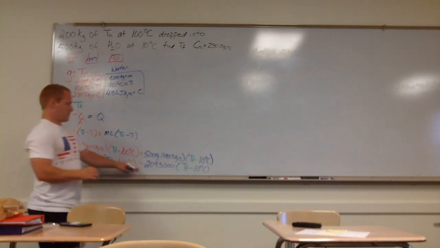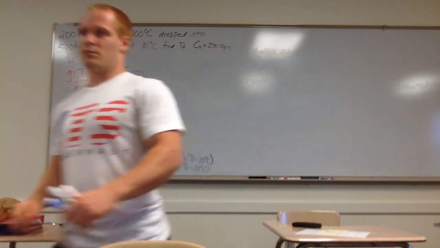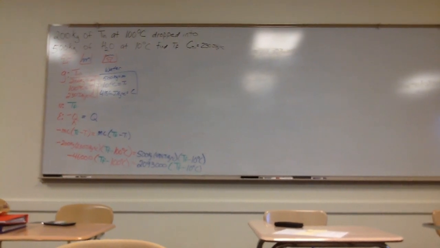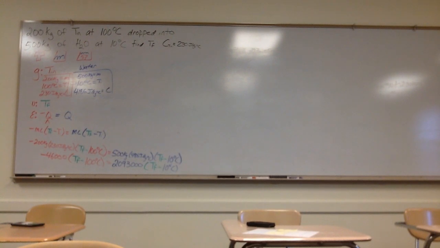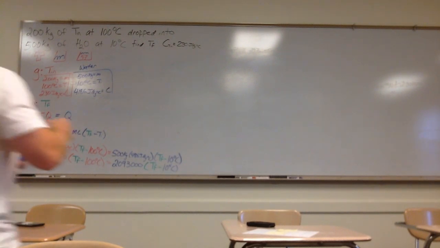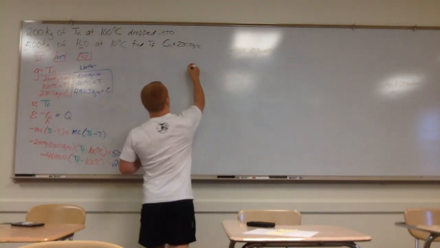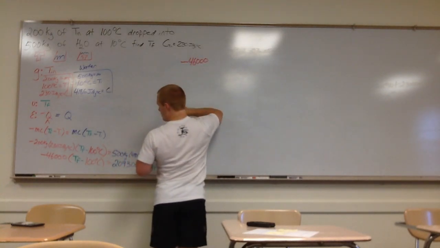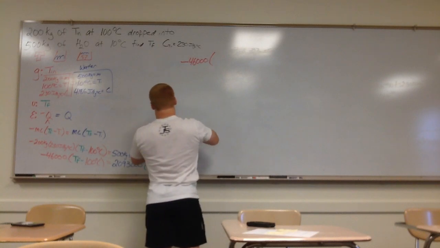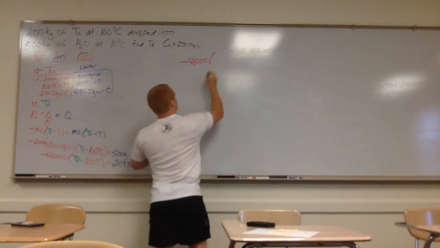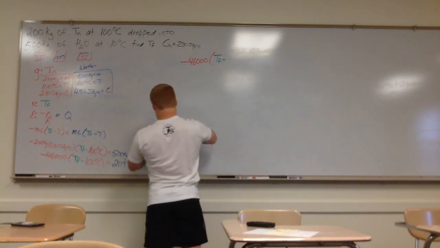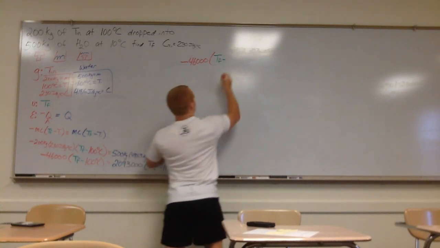So what I'm going to do is rewrite this, same thing I have down there. I'm just going to rewrite it up above, that way it's a little bit easier to see. So we're going to have negative 46,000 times TF minus 100 degrees Celsius.